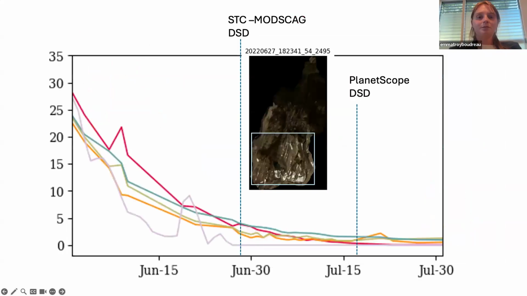So what does a Planet image look like when MODSCAG is saying that there's no snow on the basin? We can see where those blue and purple lines were earlier in this presentation, where those fissures are, they still have some snow, and also in these depressions higher up in the basin. That's the snow that's critical for this late stream flow that keeps the meadow wet.